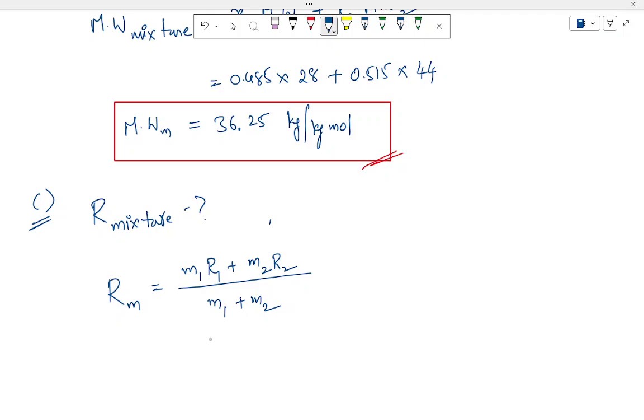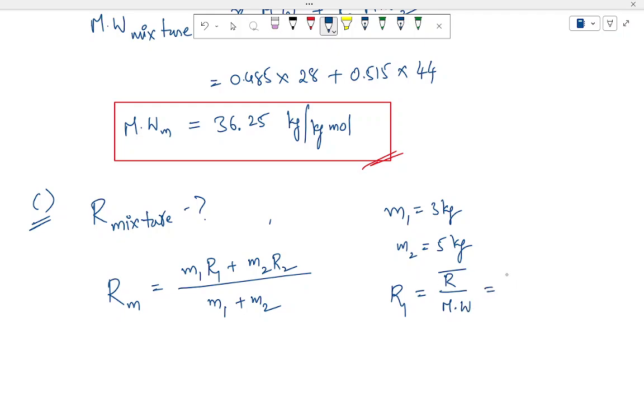So you have M1 value as 3 kg given in question, M2 value as 5 kg given in question, and you need R1 value here. R1 is nothing but the R value of your nitrogen. So you can write as R bar by molecular weight.